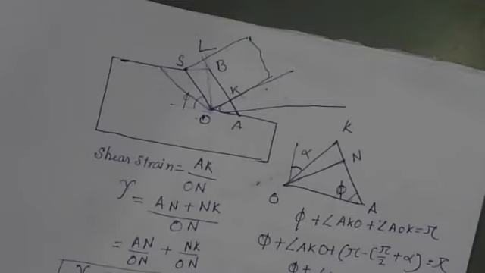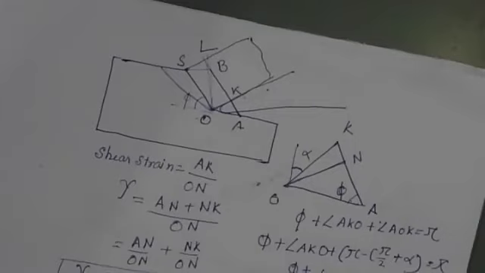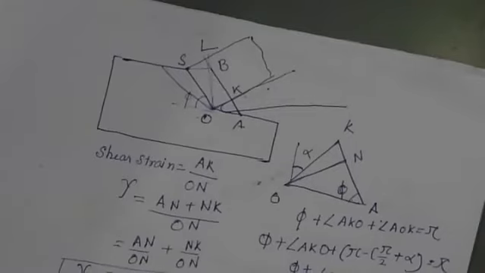Now let's talk about forces. Forces are very important in machining operation, and in fact the whole machine tool design is based on the number of forces involved, the extent of forces which are appearing during the machining operation.